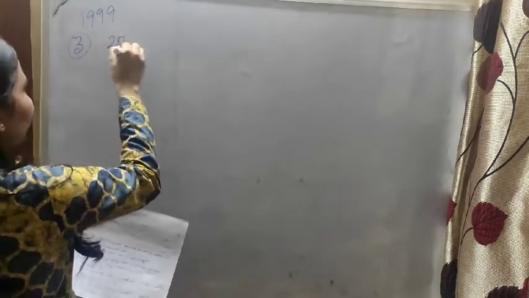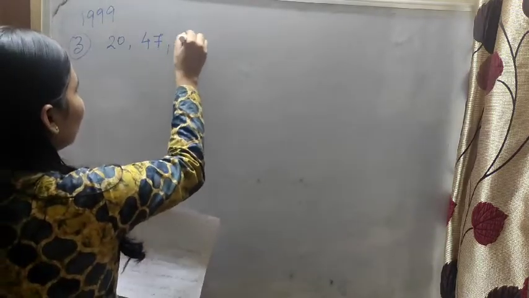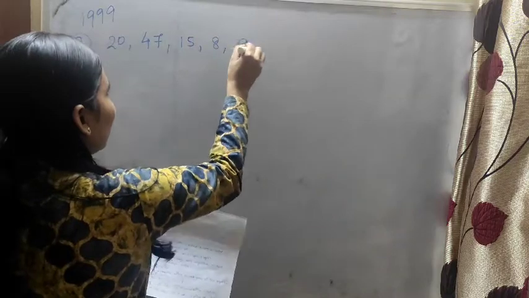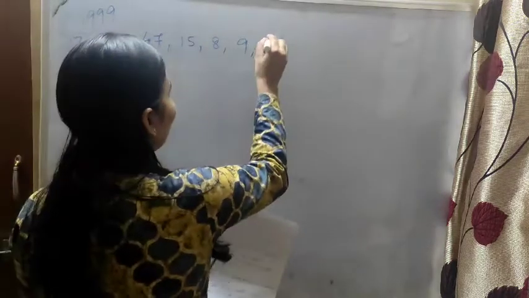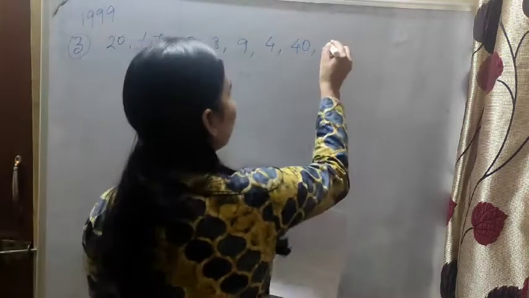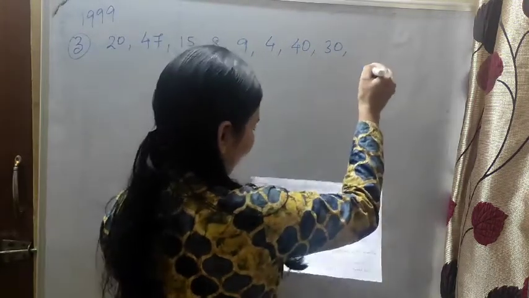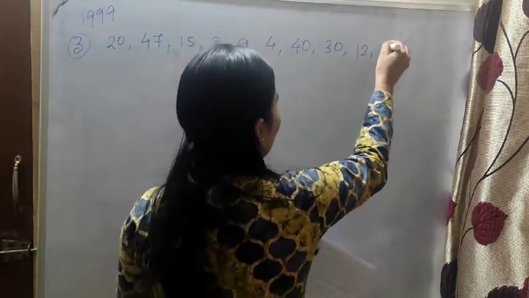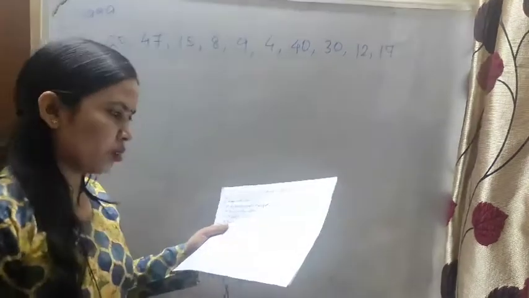See, the numbers given are 20, 47, 15, 8, 9, 4, 40, 30, 12 and 17.